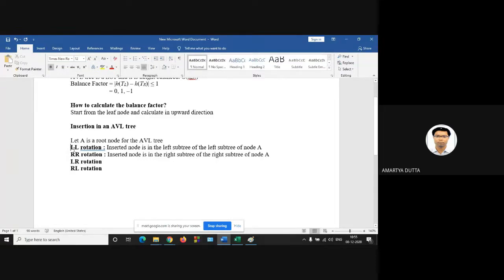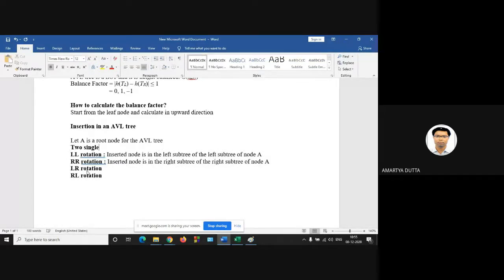Now LL and RR are two single rotations, and there are two double rotations. There are four types of rotations.